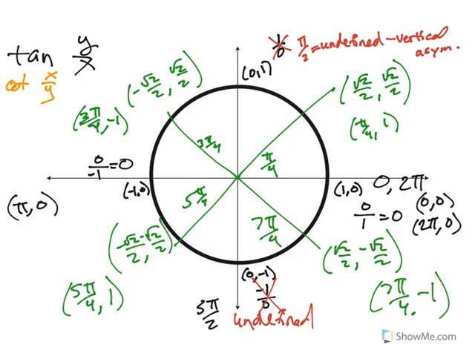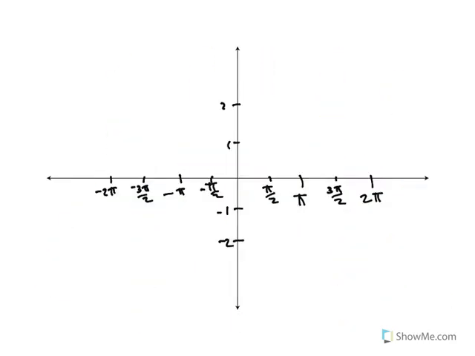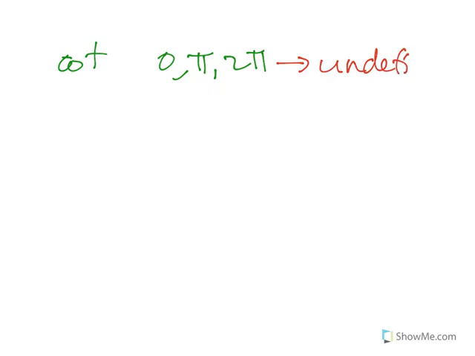So if you think about your pairs, well, 1, 0. Now if I put x over y, I have 1 over 0. Now this is undefined. So for the cotangent at 0, pi, 2 pi, at all of our multiples of pi, this is where we are going to be undefined. So this is where my vertical asymptotes are going to be.